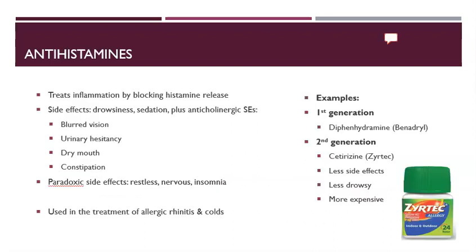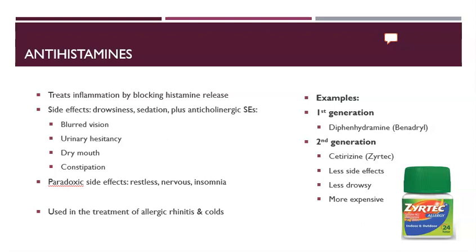Antihistamines. These will treat inflammation by blocking histamine release. Remember, histamines cause inflammation. Side effects for antihistamines include drowsiness, sedation, and all of the side effects of our anticholinergic drugs. So our normal anticholinergic side effects are blurry vision, urinary hesitancy, dry mouth, and constipation.